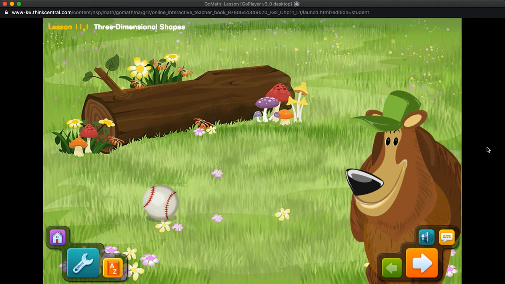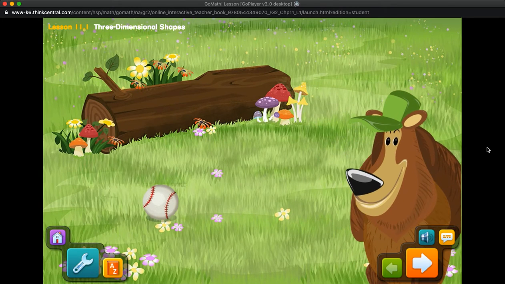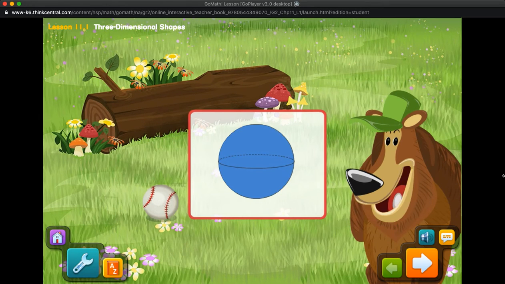Hey there! What's this? Someone left a baseball on the grass. I never noticed before, but baseballs have kind of a neat shape. Click the ball to get a better look. Oh, look, a drawing, and it is shaped like the baseball.